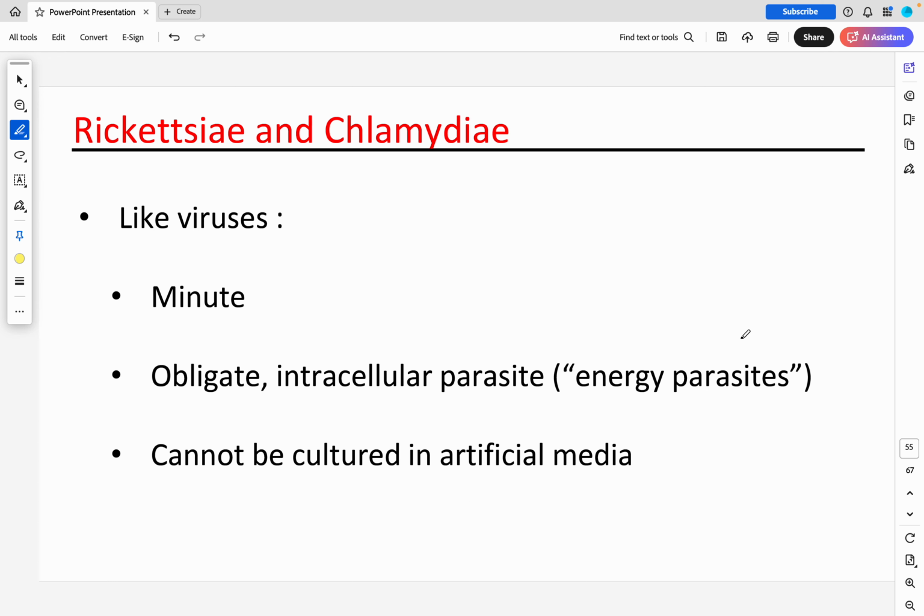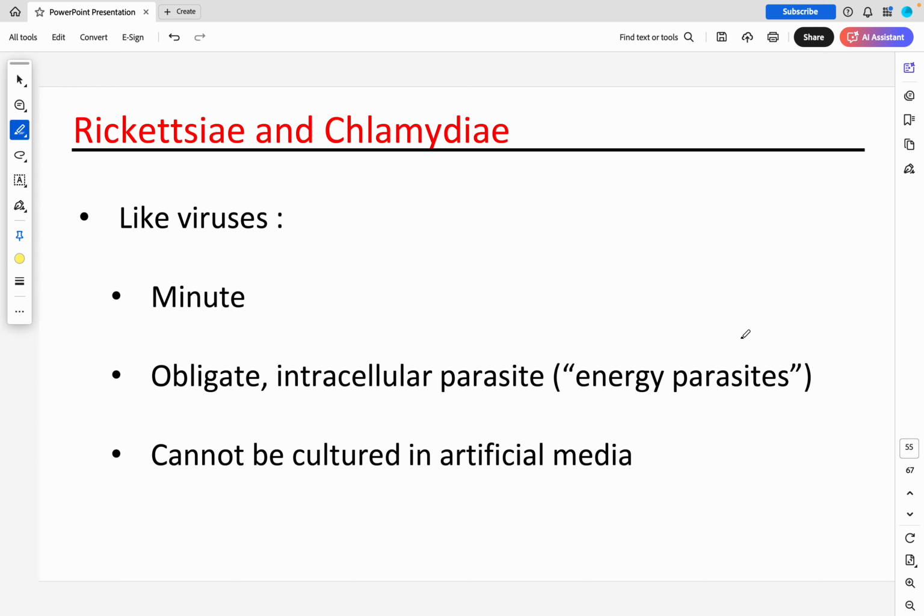Okay. Then we have the Rickettsia and Chlamydia, which are characteristically similar to viruses. They're very minute. They're obligate intracellular parasites, meaning they have to take over the host cell in order to survive.